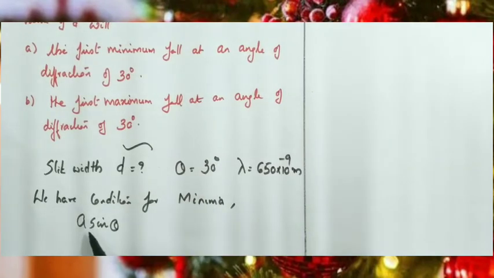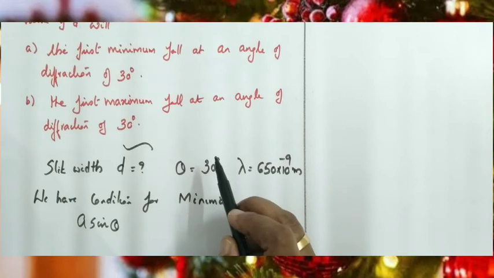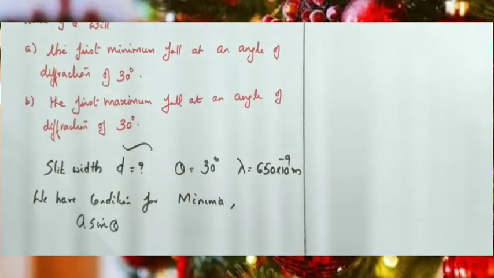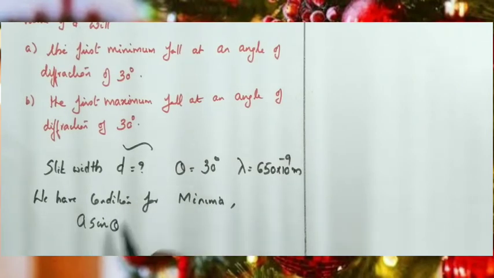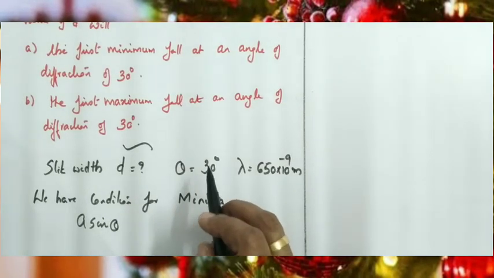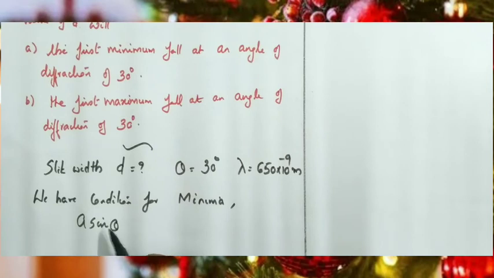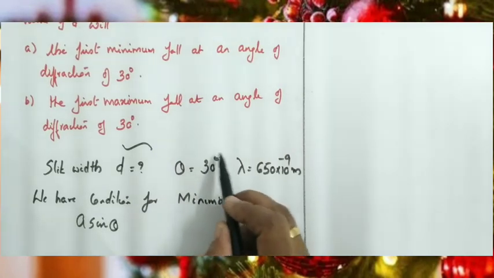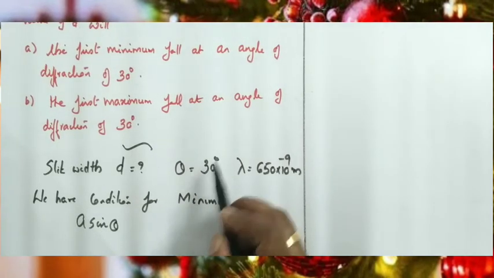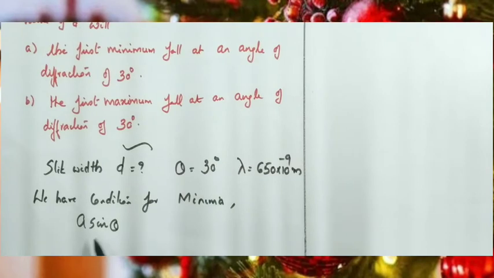In that case, we have to take A sin theta. Okay, children, if angle is given in degree, theta is not small here. Only if theta is very small can we take sin theta approximately equal to theta. But here theta is not small, therefore we have to take the original formula A sin theta, that is the path difference.